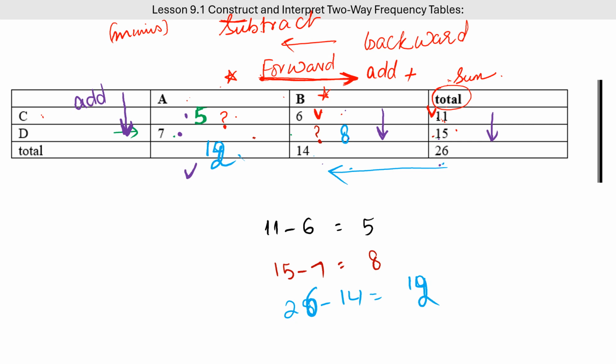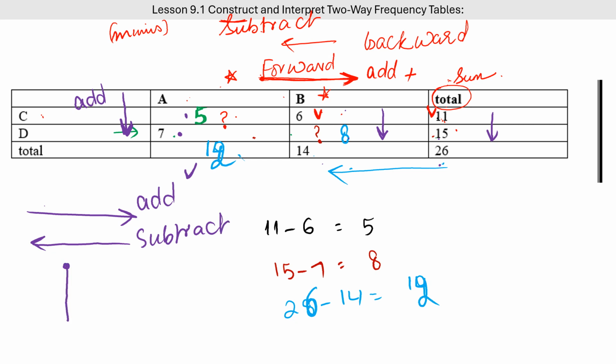Again, if I move forward, I add. If I go backward, I subtract. If I move from up to down, I again add. If I go from down to up, I subtract.